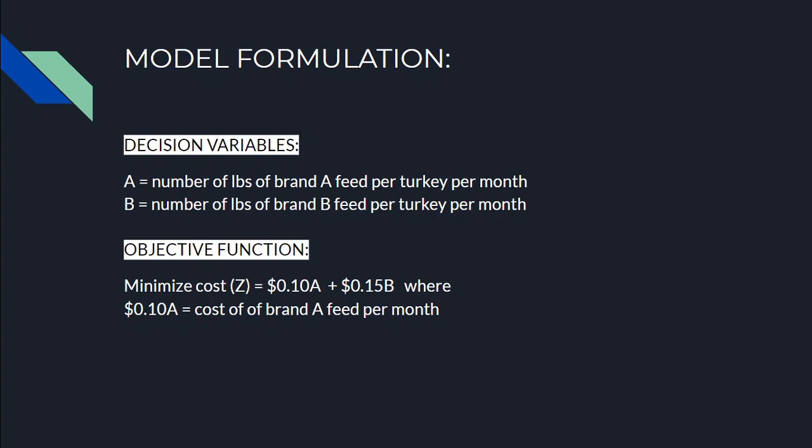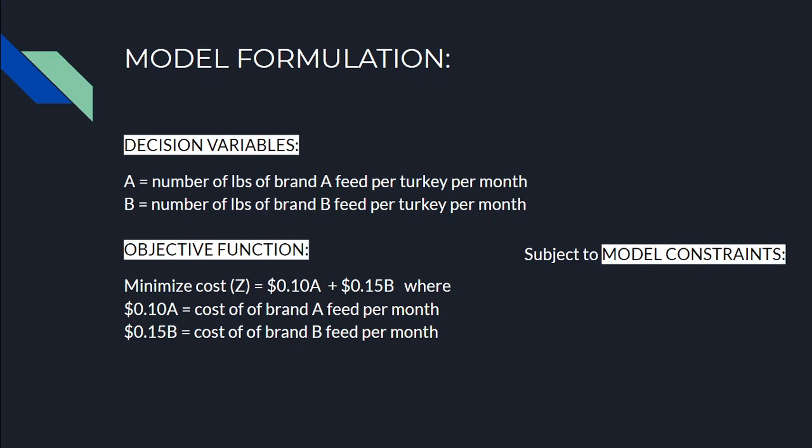Yung sa formula natin, yung 0.10A, okay, that is the cost of brand A feed per month. And then, yung ating 0.15B is the cost of brand B feed per month. Okay? So, let's go to the model constraints. So, this is our objective function. Z is equal to 0.10A plus 0.15B.